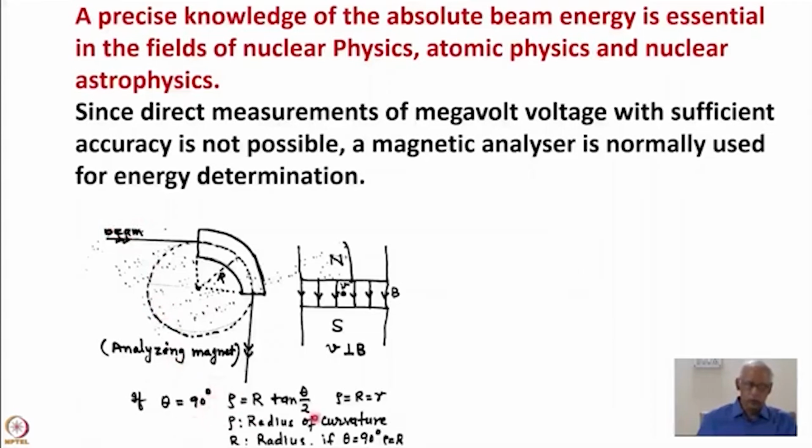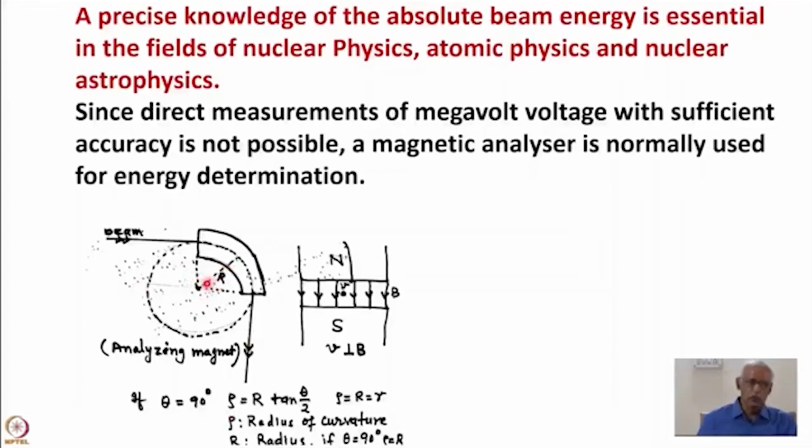Now, just to give you an idea of the order of things here, if this magnet sector is cut from a circle, you will see that the beam is bent by 90 degrees. So theta is 90 degrees, and suppose r is the radius of the circle from which this magnet is cut.